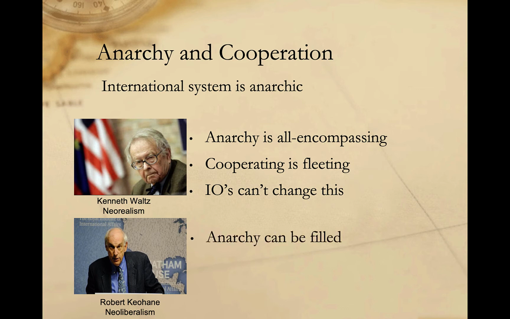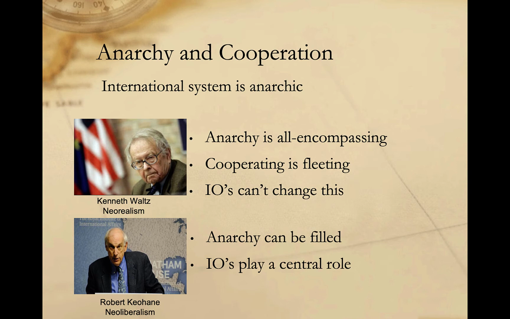By contrast, neoliberals tend to view anarchy as a vacuum that can be filled with processes and institutions that blunt its impact on state behavior. Thus, neoliberals argue that international organizations play a central role in mitigating the condition of anarchy in the global system. By creating expectations or norms and systems for the peaceful resolution of disputes, that is, rules and regimes, international organizations can facilitate cooperation rather than competition between states in global politics.